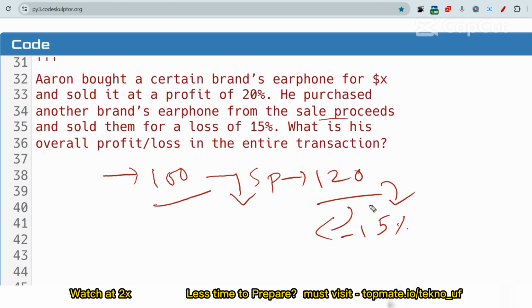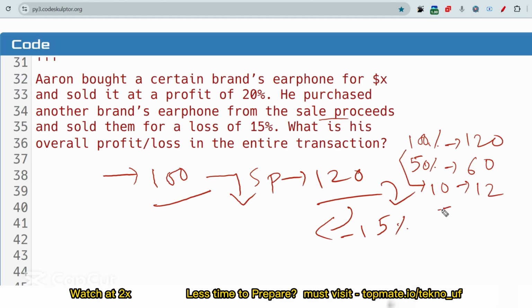Let's say 100% of 120 is 120, and 50% of 120 is 60. 10% of 120 is only 12, and 5% of 120 will be half of 10%, that is 6.